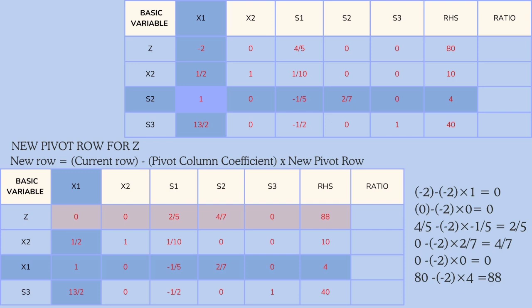So, ang current row ng Z is yung row niya lang din. Yung negative 2, 0, 4/5, 0, 0, and 80. Then, ang pivot column coefficient niya is negative 2. Then, ang new pivot row niya is yung 1, 0, negative 1/5, 2/7, 0, and 4.